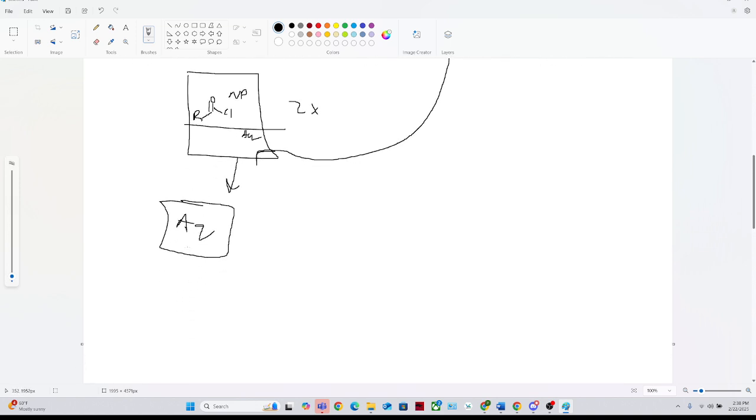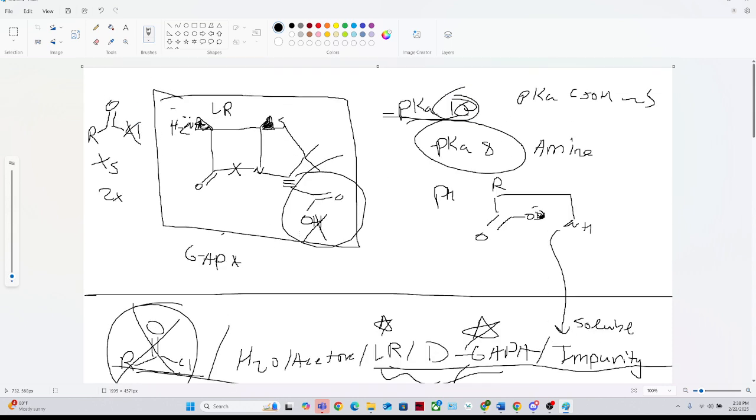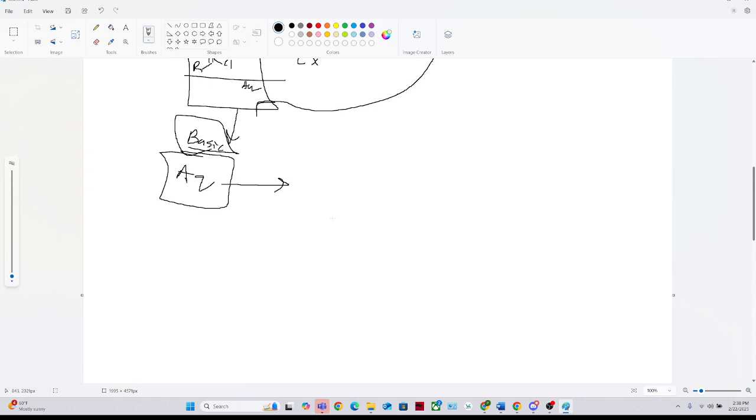Once you have your aqueous layer, the next thing to do from here is to acidify. Because right now you're basic, so everything is going to be soluble in water. But if I acidify it, I'm basically removing a charge from my molecule, making it more nonpolar. And this is where I can use a little bit of the acid chemistry to my benefit.